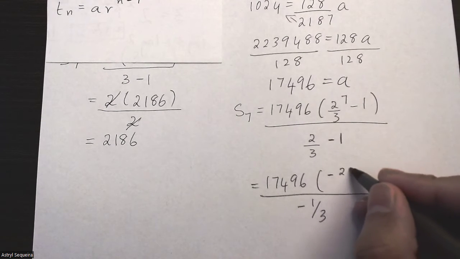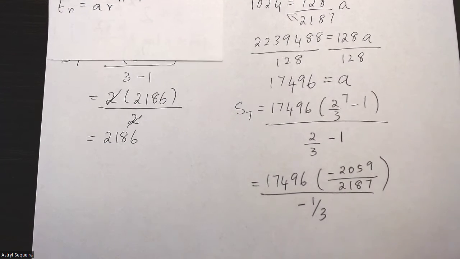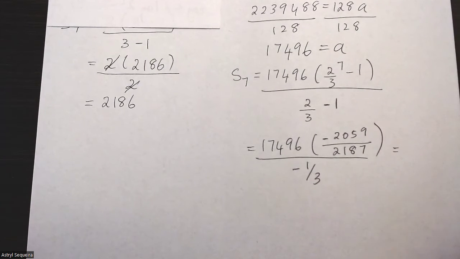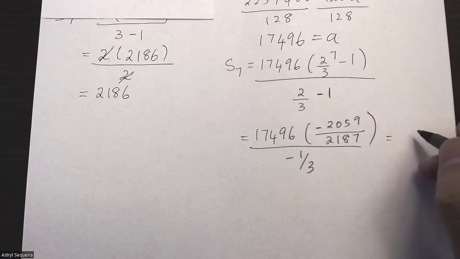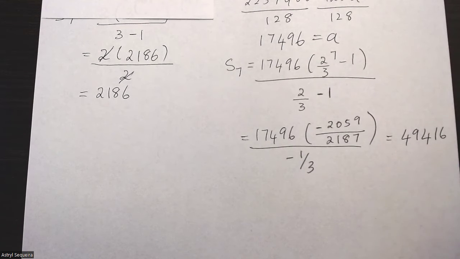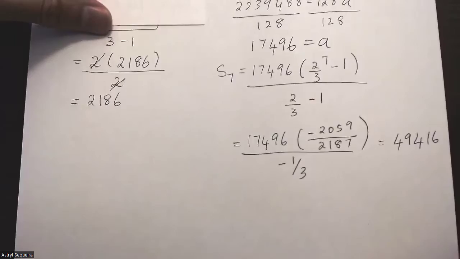I get negative 2059 over 2187. And then I'll do this final calculation over here. And I get 49416 as the solution to this second question.